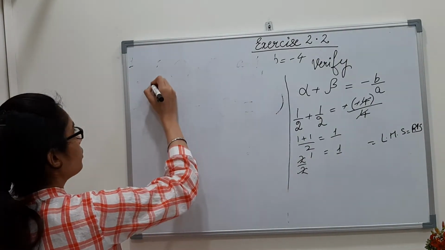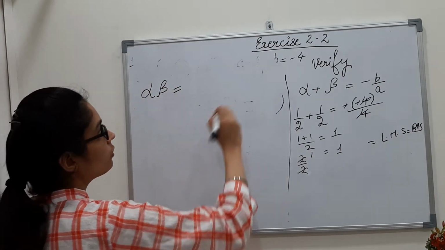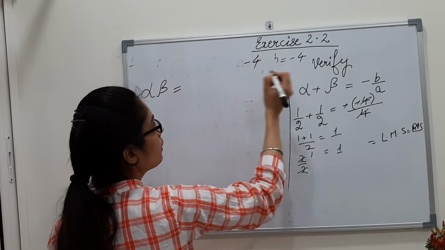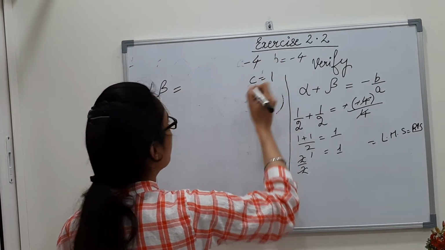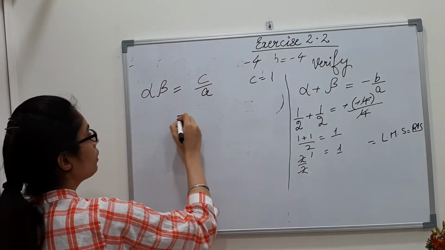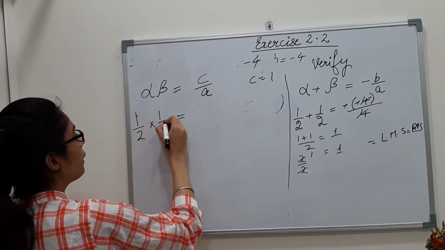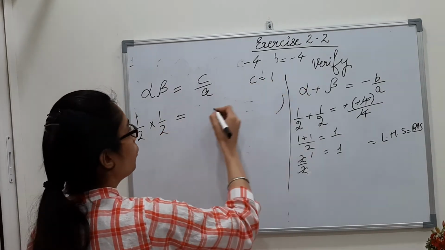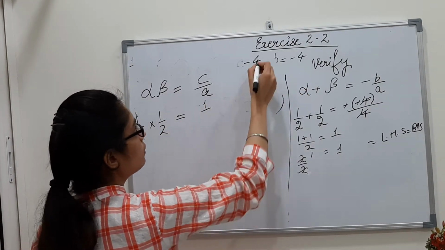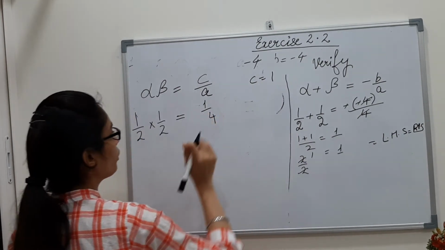Now product of zeros, that is alpha into beta. So product of zeros is C upon A. Your zeros were 1 by 2 into 1 by 2. C is 1, A is 4.